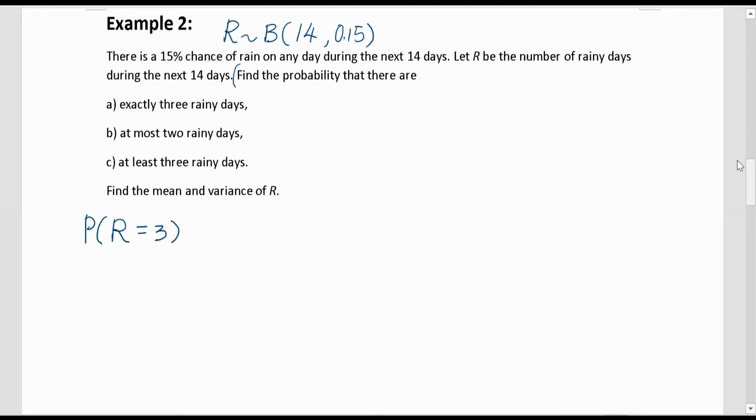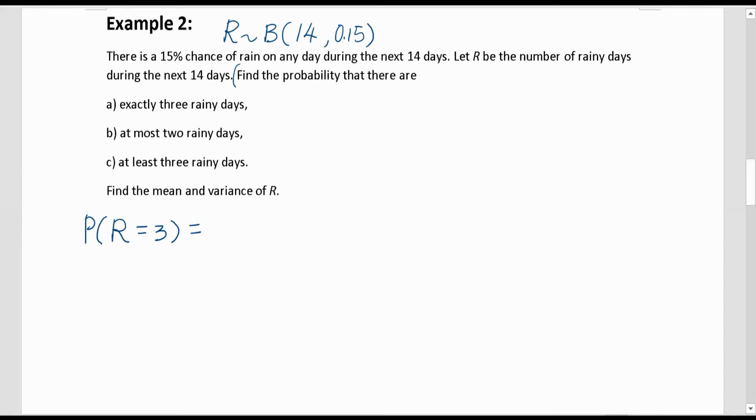So you must see that the rainy days out of 14 can be the first 3 days that are raining, or it can be the last 3 days that are raining, right? Or it can be any 3 days out of 14 days that are raining. So in order to find out the probability, we use the binomial distribution formula.